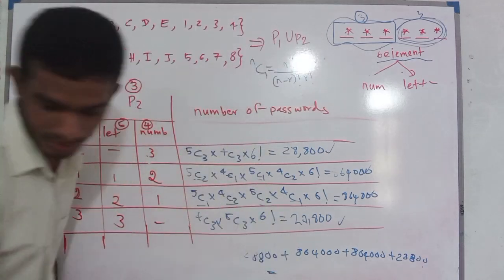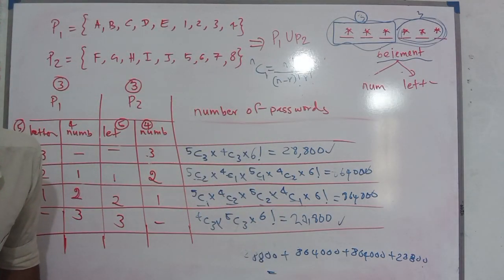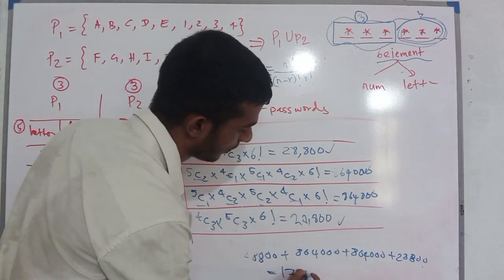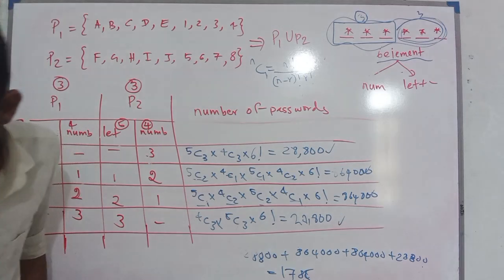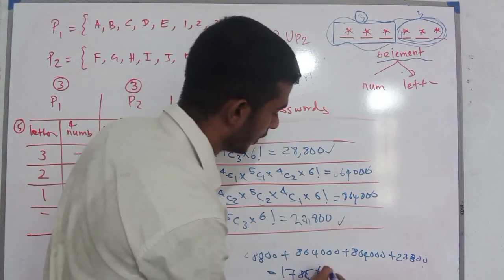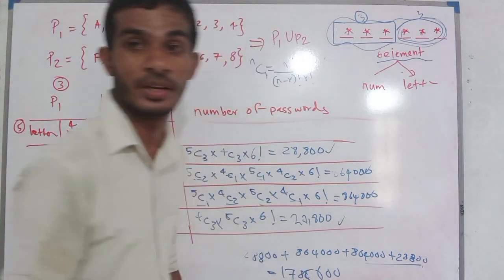Now the final answer would be 1,785,600. Right? So you know how to add these values.